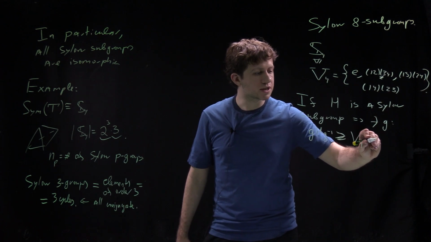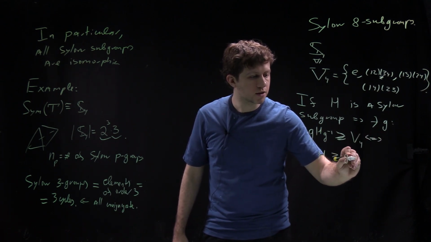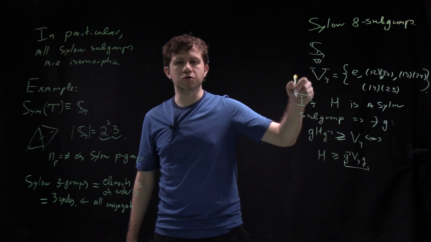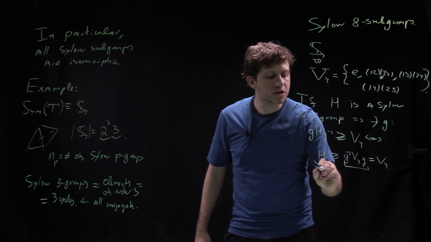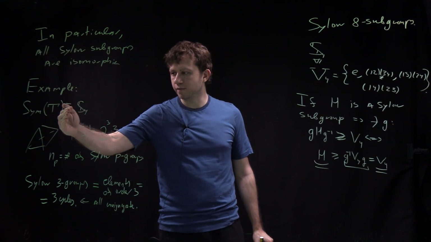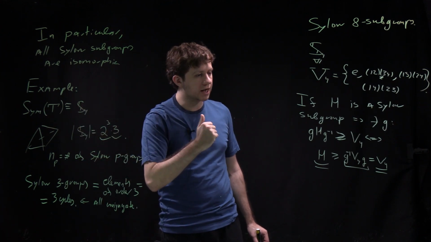But of course this is equivalent to saying that H contains g inverse V4 g, but V4 is normal. Remember, this one is normal, so this is just V4. So we get that all Sylow subgroups contain this V4 group. So in S4, all Sylow 8 subgroups contain this group.